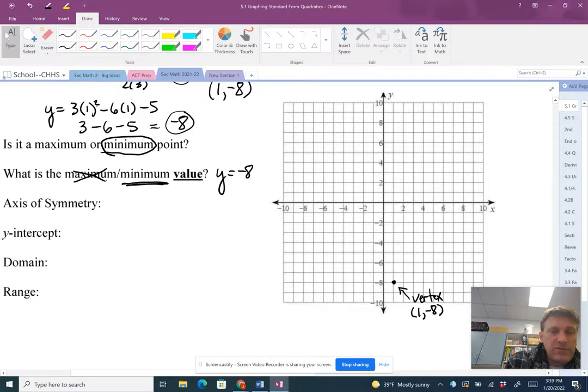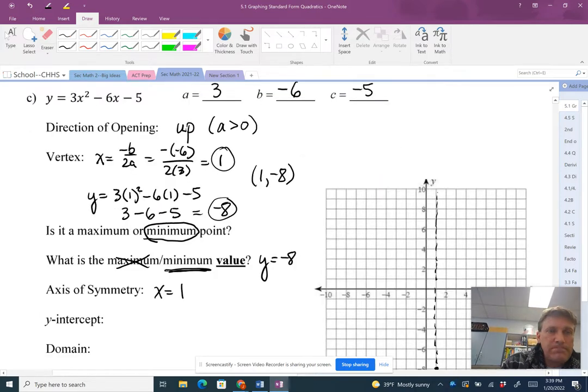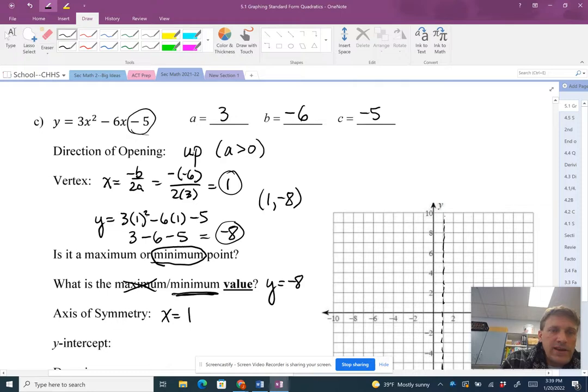The axis of symmetry, we should have done that already here, but it's x equals 1. And so this is our axis of symmetry. And the y-intercept is negative 5.